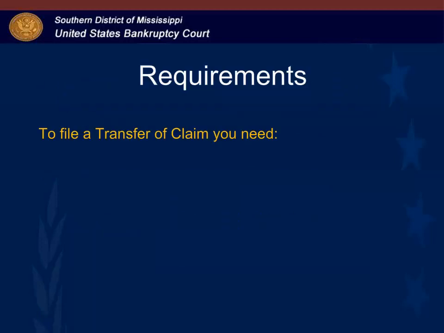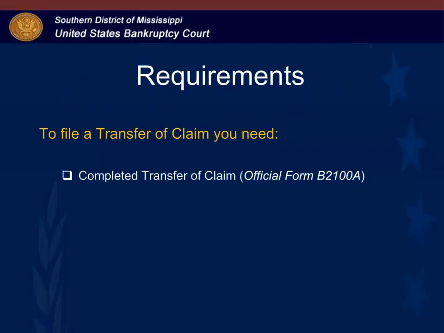Prior to electronically filing your transfer, you will need to prepare a statement of transfer of ownership. There is an official bankruptcy form available that is usually used to satisfy this requirement. If both the buyer and seller sign the transfer, then a statement by the seller that they are waiving their right to notice of the transfer should also be included.